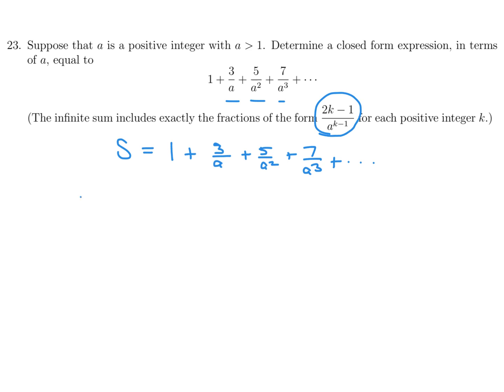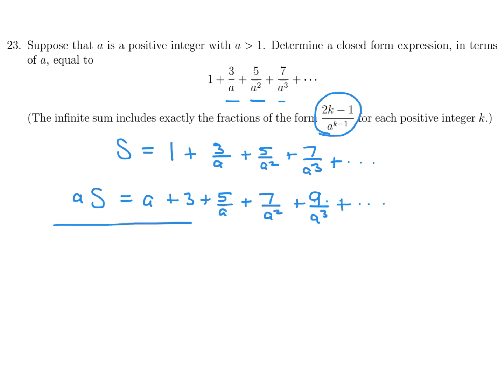Now, if we multiply through by a, then this becomes a, this becomes 3, 5 over a, 7 over a squared, and so on. Let's just put in one more, 9 over a to the power of 3. And then we're going to subtract these.